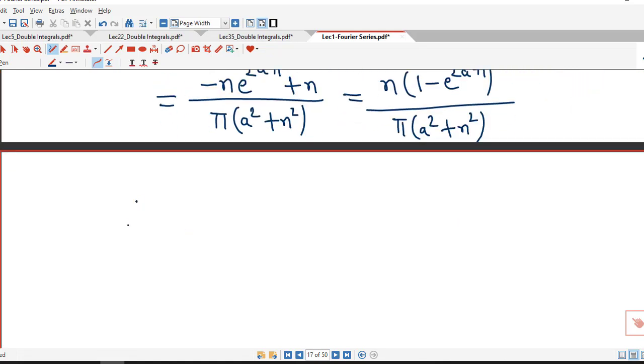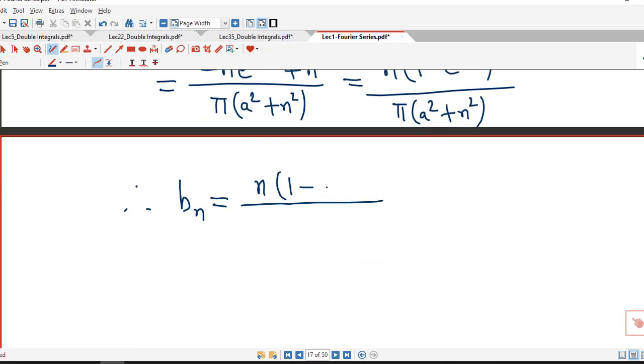So finally we obtained Fourier coefficient Bn equal to n times 1 minus e raised to 2a pi divided by pi times a square plus n square, n equal to 1, 2, 3 and so on.